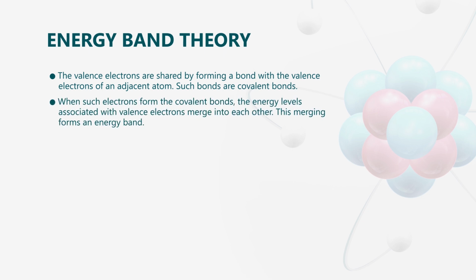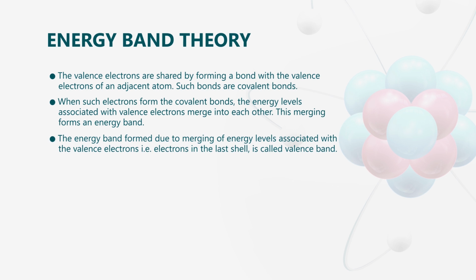When such electrons form the covalent bonds, the energy levels associated with the valence electrons merge into each other. This merging forms an energy band. An energy band is created by this merger.